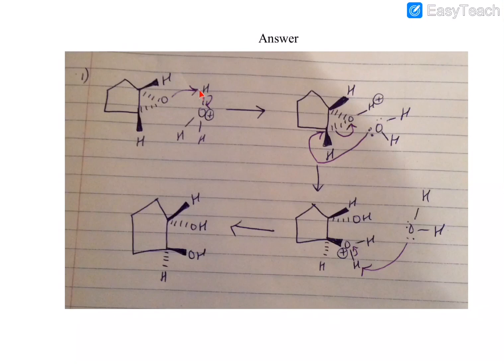So first protonation happens, and after protonation, a water molecule can come and kick off the oxygen, leaving the original oxygen atom, the original alcohol, to be in the back, and the new alcohol inverts the stereochemistry with this hydrogen. So once it's deprotonated by another water molecule, it will remain in the front while the hydrogen is pushed to the back.